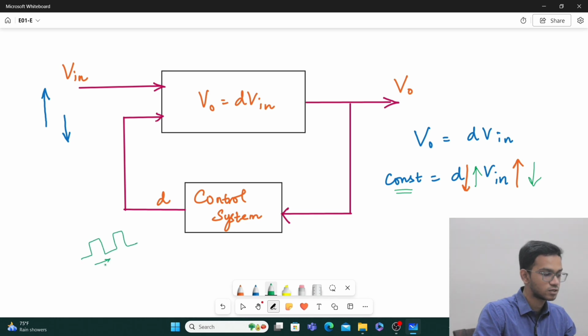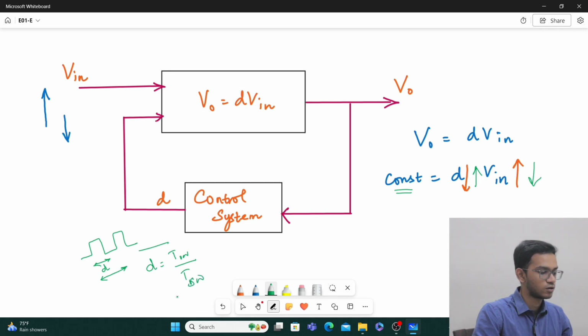This will be your D: the on time of the switch divided by your total switching period. This will be your duty ratio.